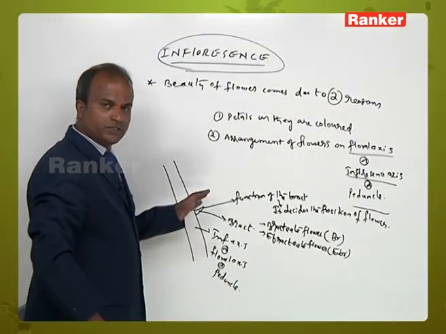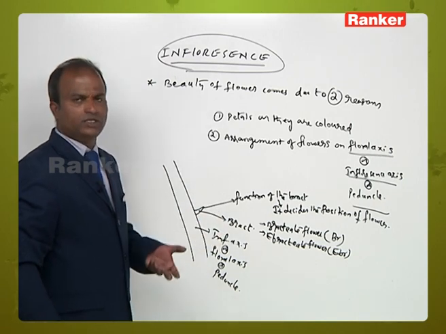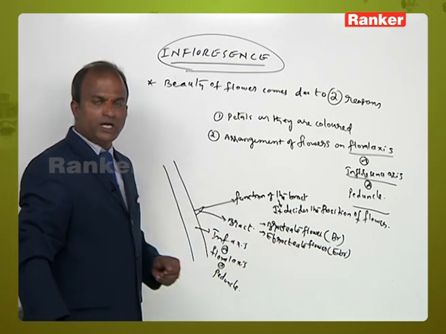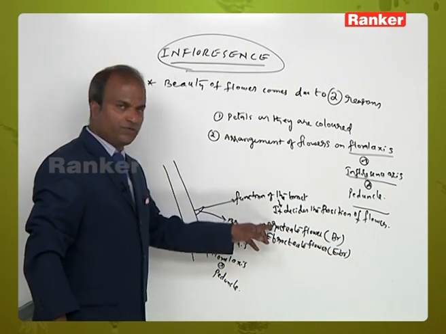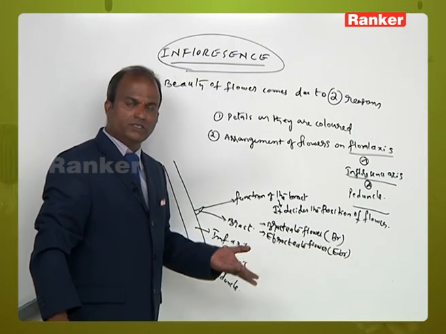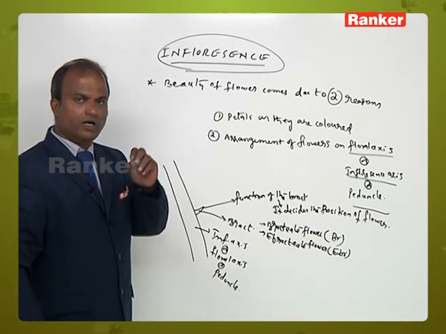Flower. That means if bract is absent, can the position of the flower be seen? Yes, it can be seen. That type of flowers are called as ebracteate flowers. Bracteate flowers show bract, which decides the position. Ebracteate flowers mean bract is absent, but we can see the position of the flower also.